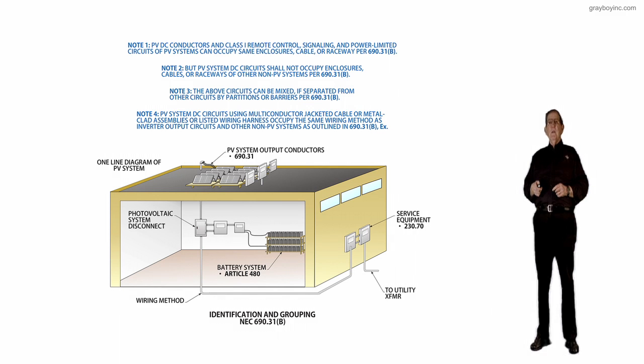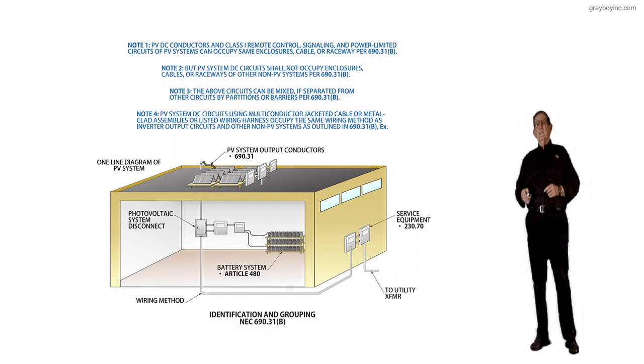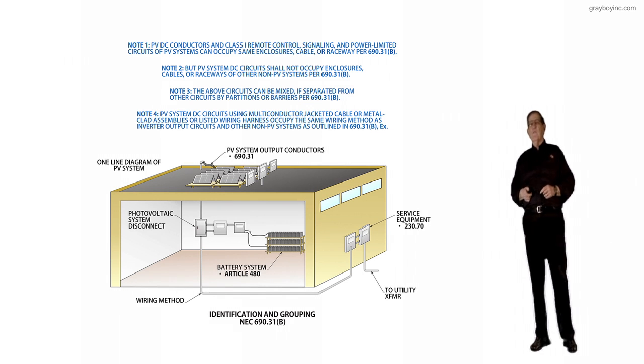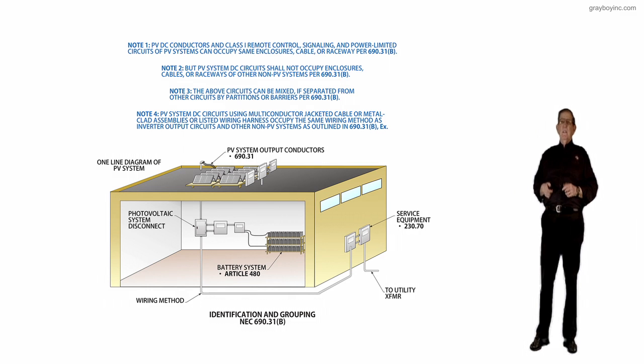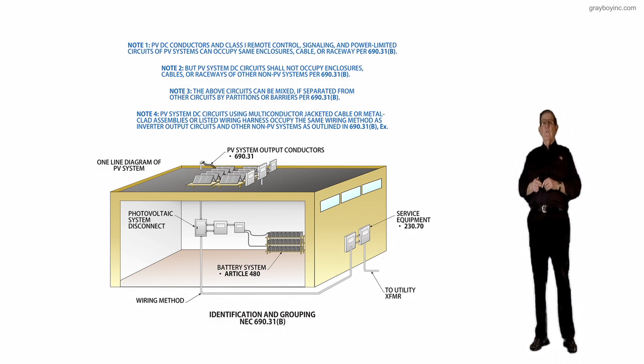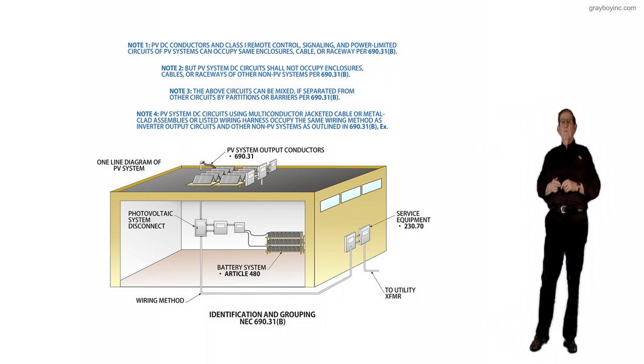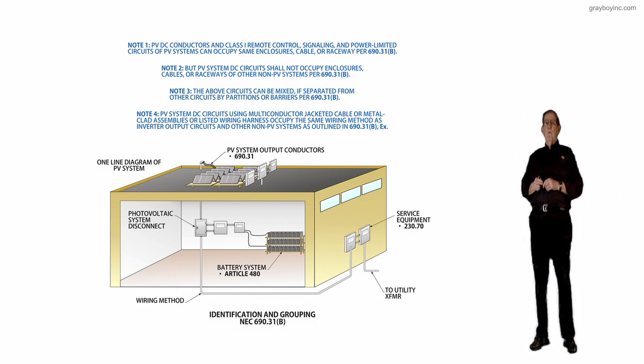The wiring method comes down and is routed over to the service equipment and the equipment that is mounted for the PV system where it is converted, and we're dealing with AC power there.